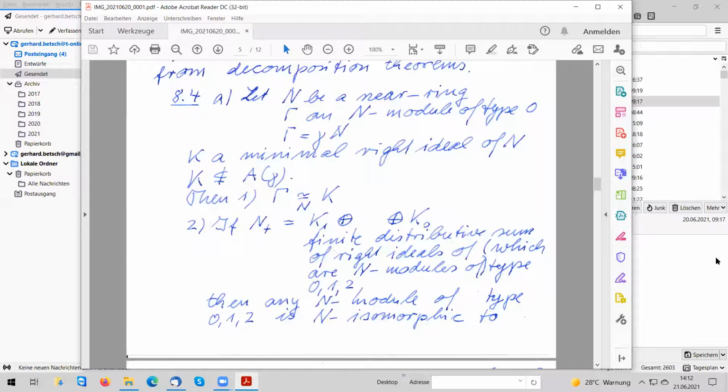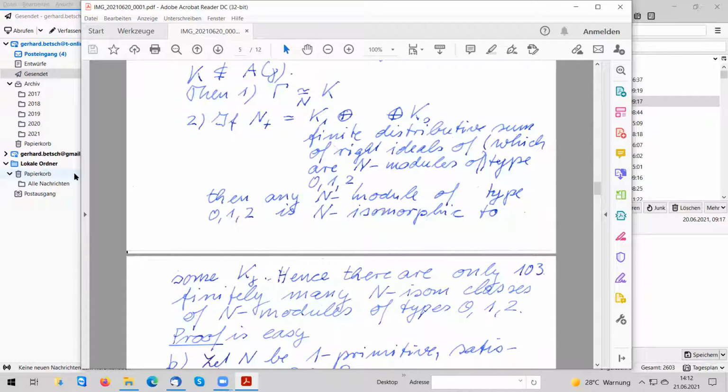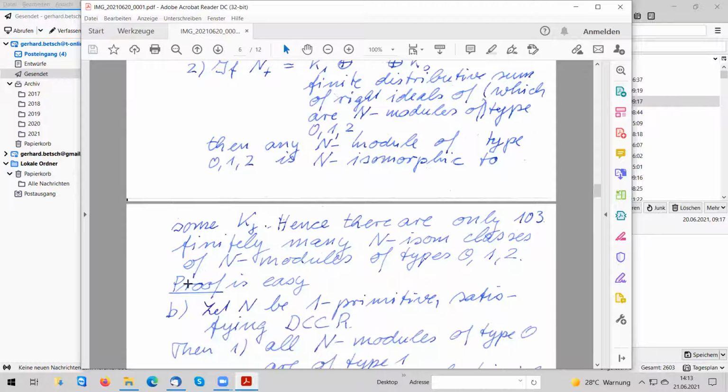Then, if we have these assumptions, any N-module of type 1 or 2, or 1, 0, 1 or 2, is N-isomorphic to some Kj. That has a very important consequence. That means there are only finitely many N-isomorphism classes of N-modules of types 1, 2, 0, 1, and 2. The proof is easy.